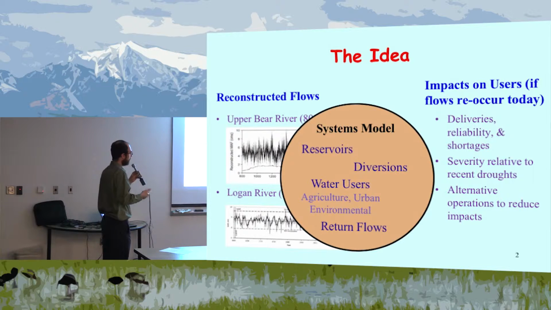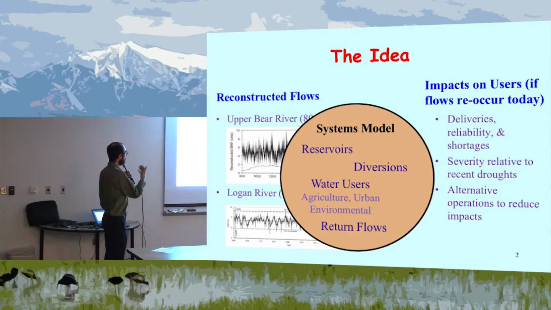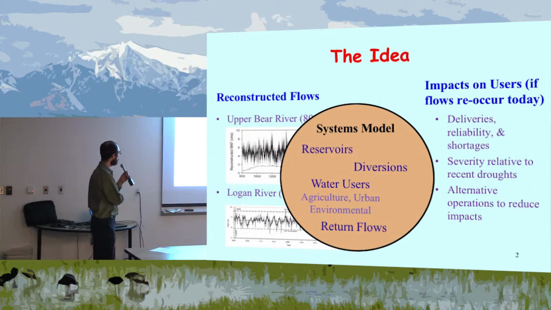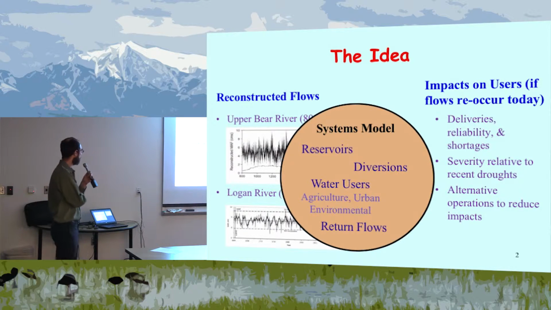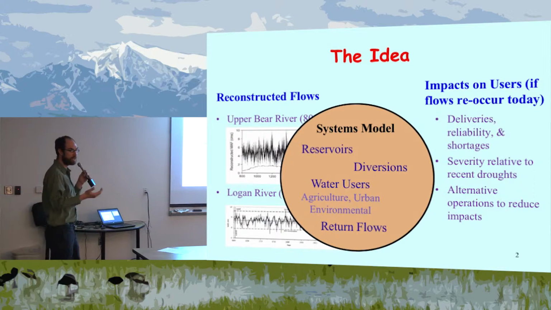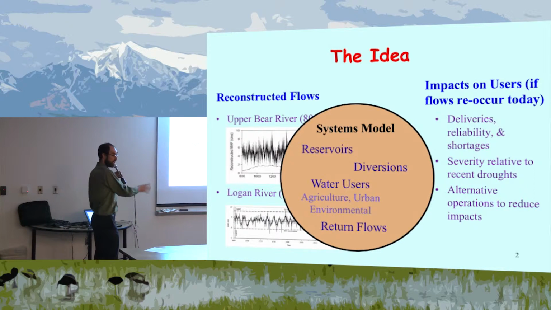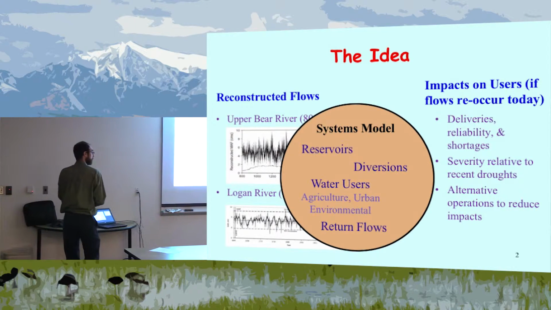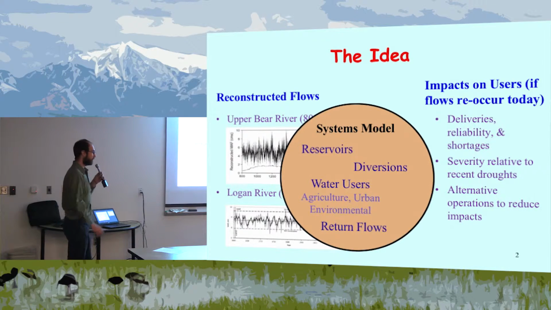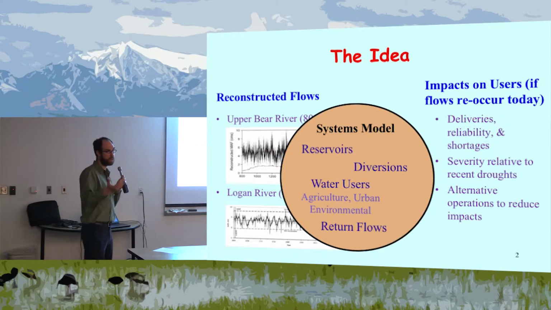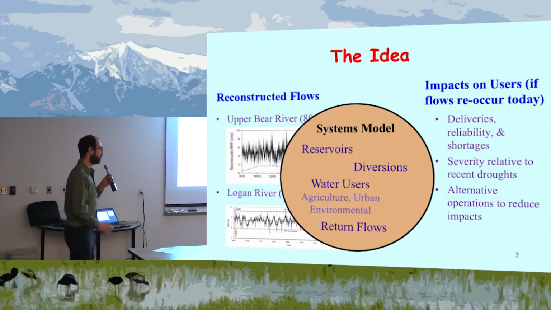This is where the systems modeling comes in, looking at reservoirs, diversions, water users, agriculture, urban and environmental, and also the return flow. So people are diverting water out of the river, using it, and some of that flow returns to the river and may be available for use by other users. A systems model is really a mathematical way of representing all those flows.